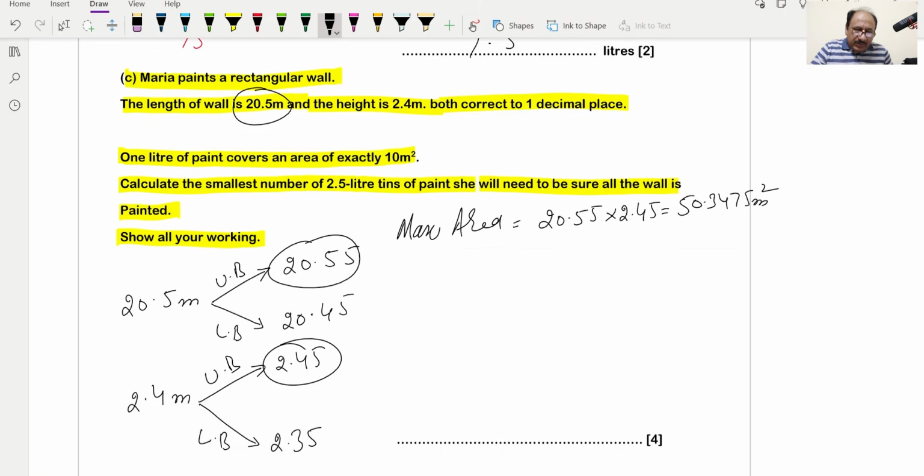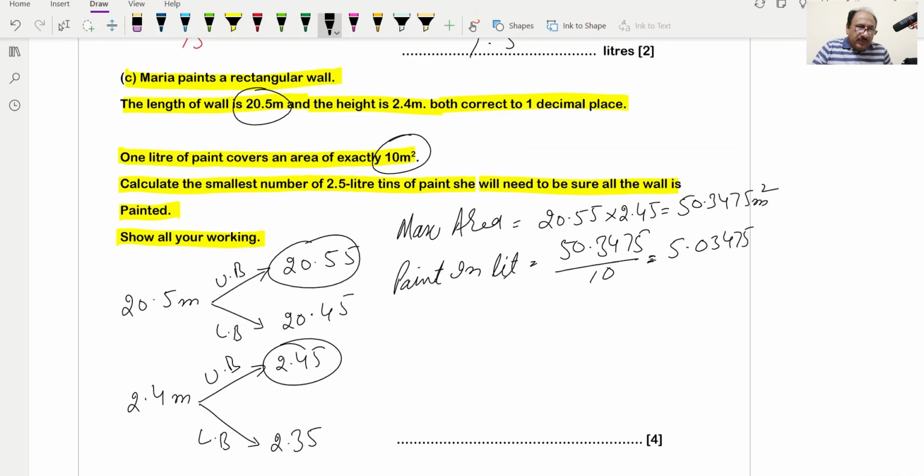Now, how much paint is required? 10 meters square is covered by 1 liter, so the paint in liters will be 50.3475 divided by 10, which is 5.03475 liters. And now the number of tins is what is required as the answer.